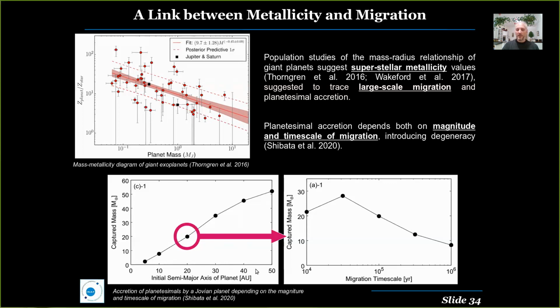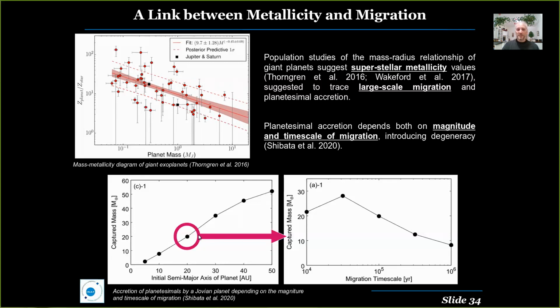And the farther away the planet forms, the larger is its migration, the greater is the amount of heavy elements that are captured, here expressed in units of terrestrial masses. That would suggest that just by looking at the density, and therefore the mass and radius of a giant planet, we could constrain its formation region.